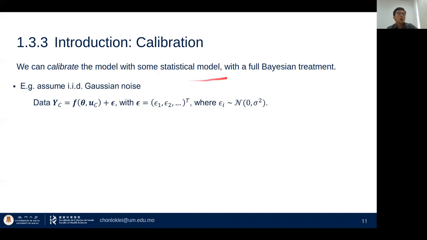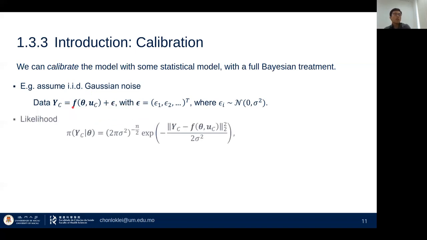With the statistical model, what I mean is, for example, we can assume the data YC is the model itself F plus some noise epsilon, and in this case we will assume some IID Gaussian noise. With this assumption and this statistical model, we can write down the likelihood of observing the data YC, given some parameter theta, which is given by this form here.